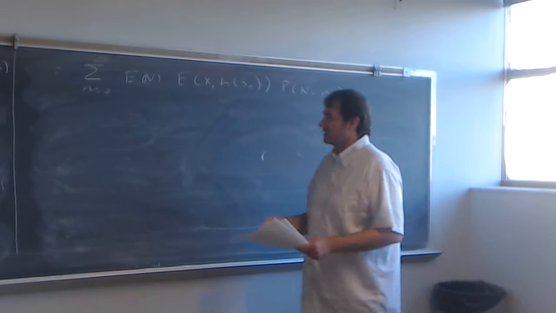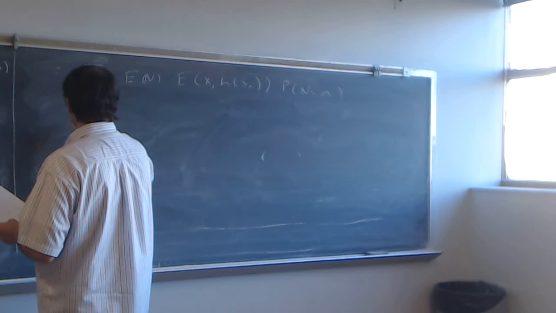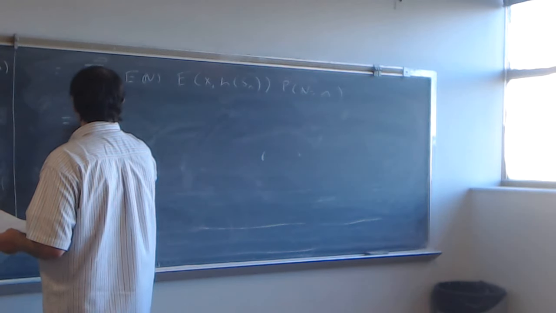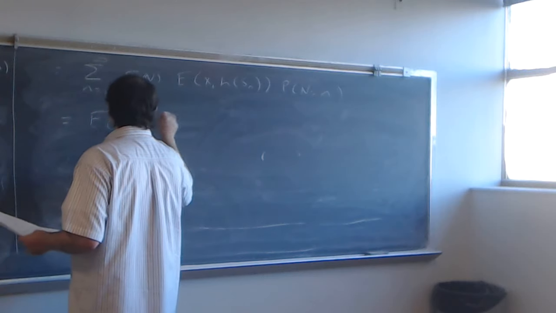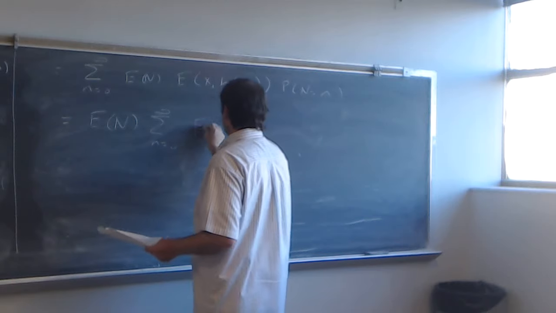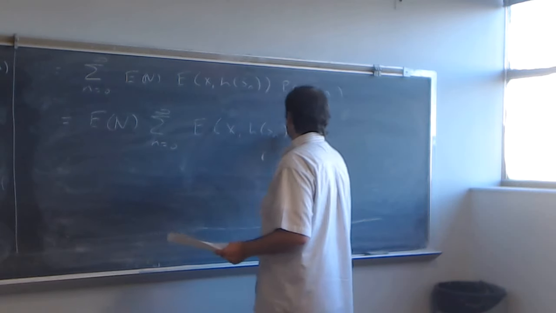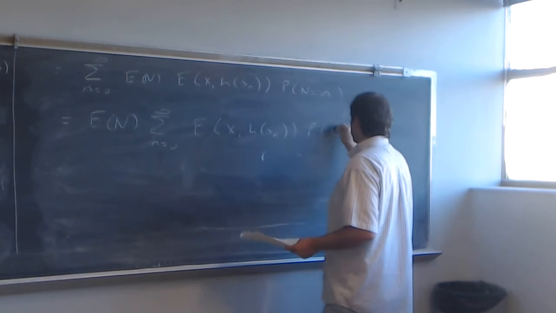The expected value of N is a constant, I can pull that out. So that's equal to the expected value of N times the sum as n runs from 0 to infinity of the expected value of X1 h of S of n times the probability that N equals n.